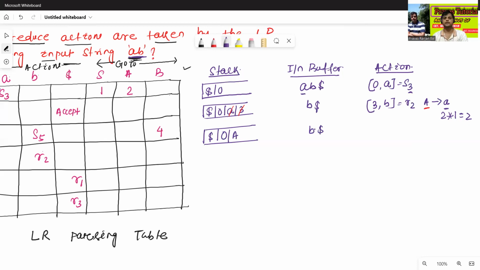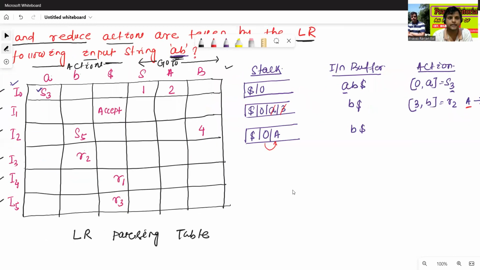Just check 0 to A, where 0 means the state. Check the table: 0 to A means 2. So simply write here 2.